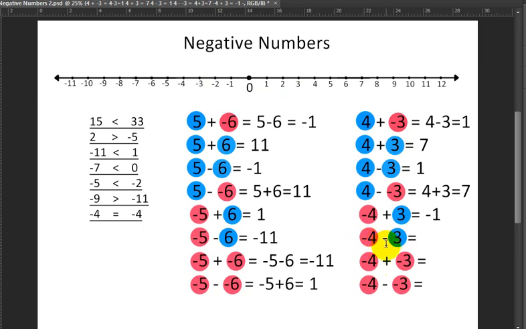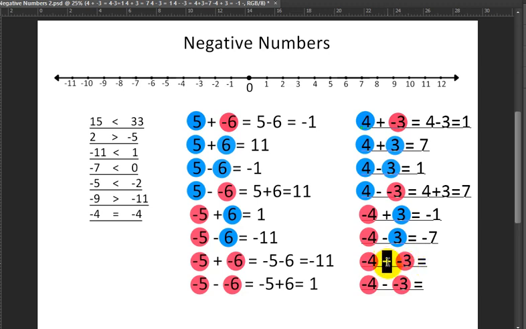Next up, we have minus 4 minus 3. So now we're at minus 4, but we are subtracting 3, so we need to head 3 steps the other way, right? So 1, 2, 3, we get to minus 7. So minus 4 minus 3 makes a negative 7. Next up, we have negative 4 plus negative 3.